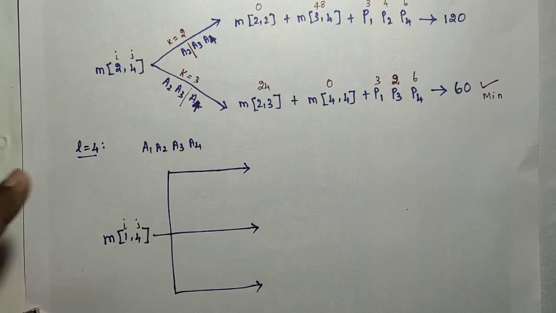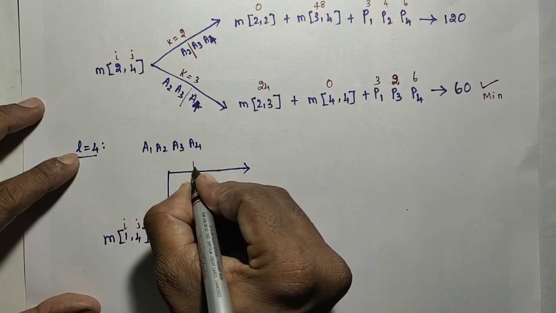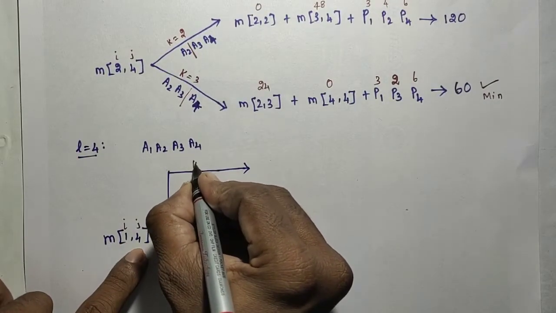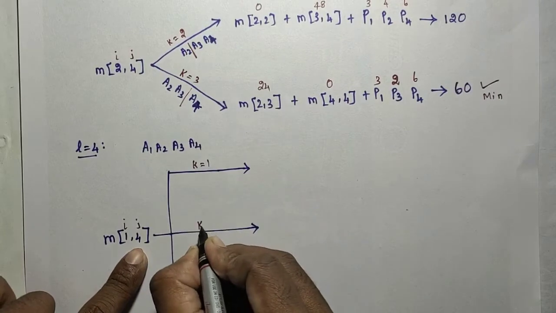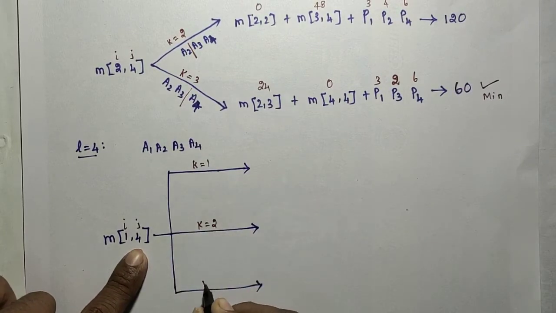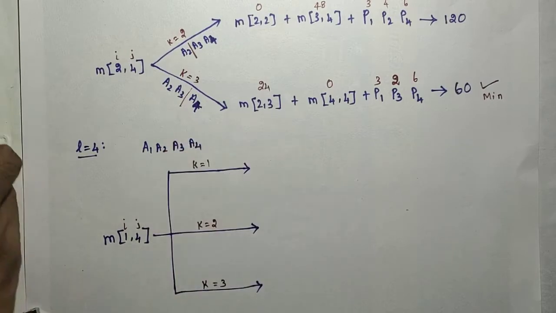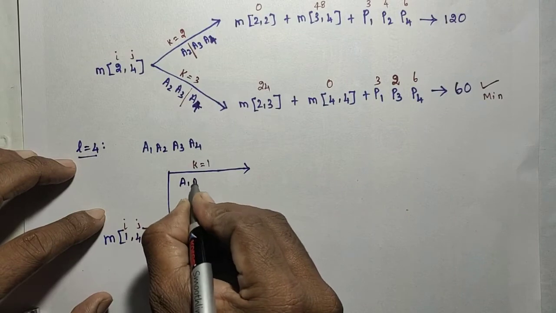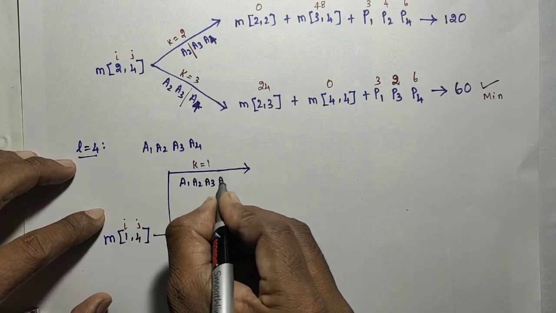Because i equal to 1 to j, I need to start k from 1, k equal to 2, up to k equal to 3, that is j minus 1. So k equal to 1 means actually we wanted to find A1, A2, A3 and A4.